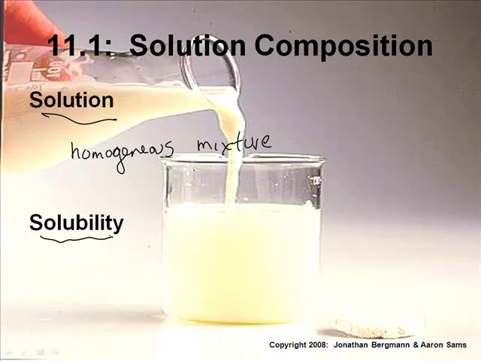And then solubility is a little bit different, isn't it? It's a mathematical term, isn't it? How we measure the extent to which something dissolves, so it's a number. So how do we do that?